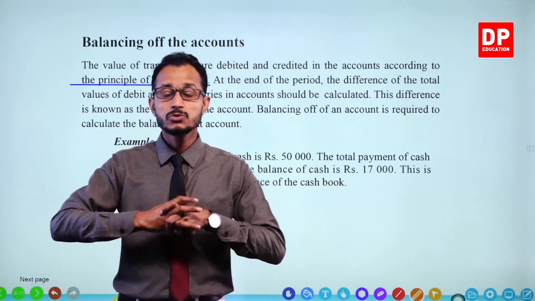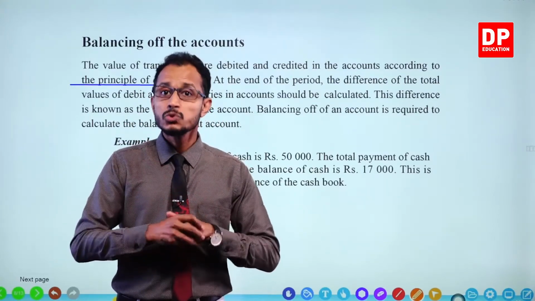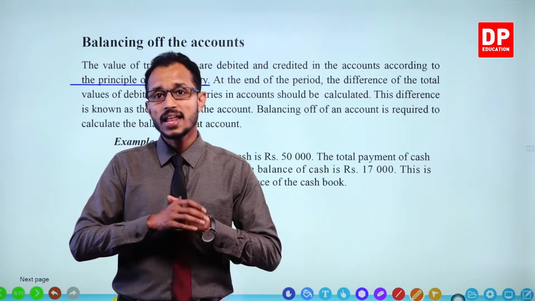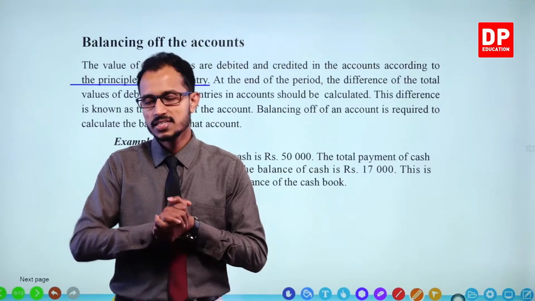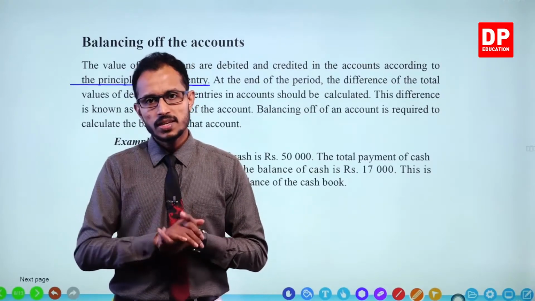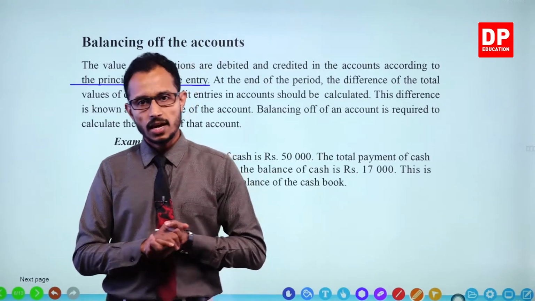See the difference between the two. That difference is referred to as the balance of that account. Usually that difference is what we call the balance of that account.